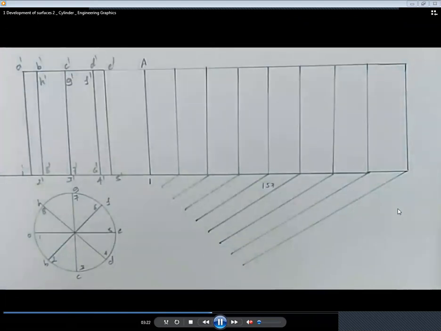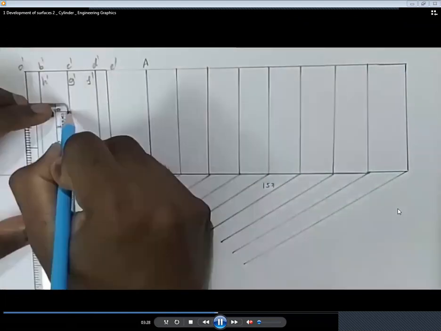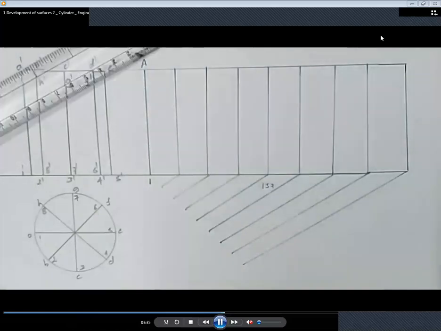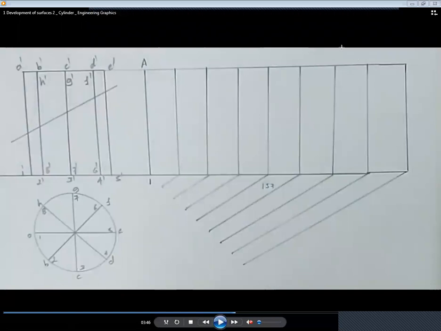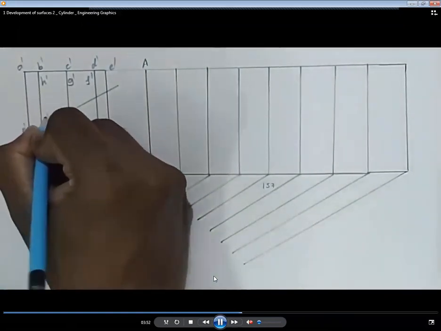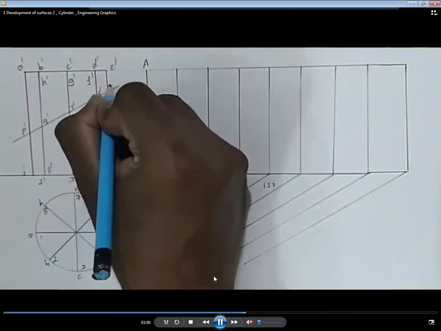Now the next question is, we have drawn front view, top view and development of the cylinder, and the next step is, it is cut by a cutting plane. Distance is given 40 mm from the base. So you have to take at 40 mm, an angle is given of the cutting plane.